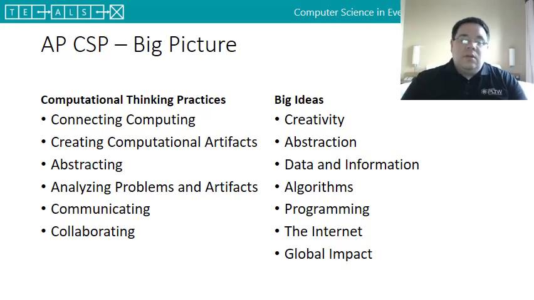Abstracting is the ability to reduce complexity in order to manage it, to look at things at a higher level of abstraction or a lower level of abstraction depending on what the need is at that moment.